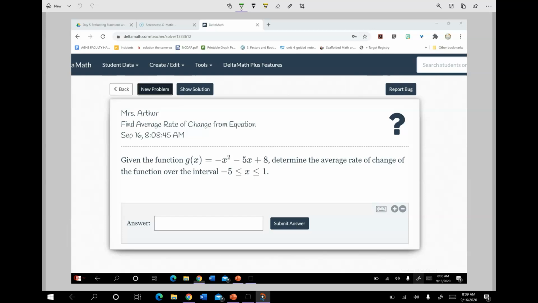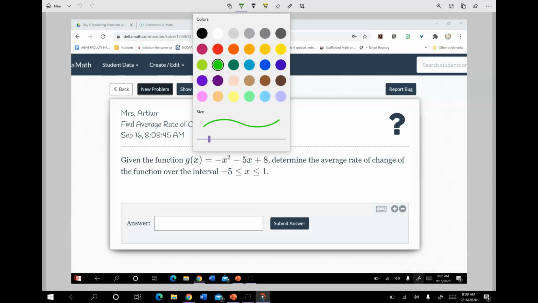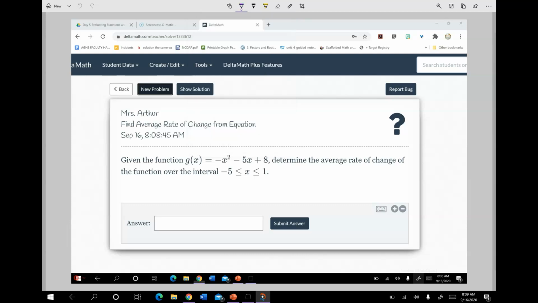All right, so I hope you paused it. And let's see if you got it right, okay? So my x values are the interval right here, okay? So we're going to use the y2 minus y1 over x2 minus x1. So my x's are negative 5 minus 1. Now I've got to find the y pair. So I'm going to first plug in negative 5.